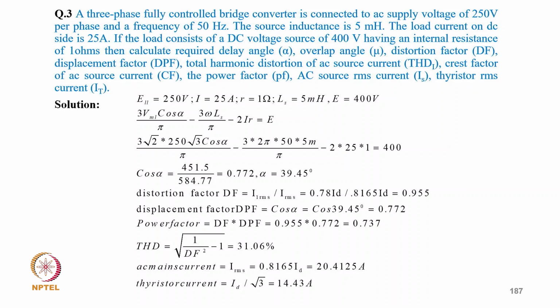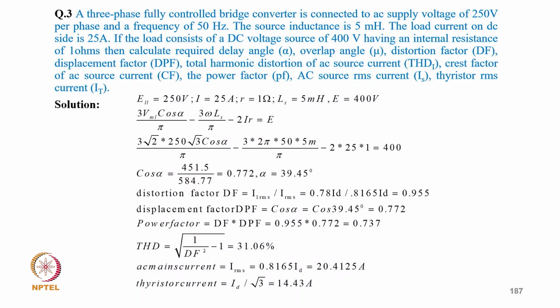So putting the values, you get cos alpha, and then alpha is 39.45. Distortion factor I1 upon I comes 0.955, displacement factor cos alpha comes 0.77, and power factor is displacement factor multiplied by distortion factor, which comes 0.737.